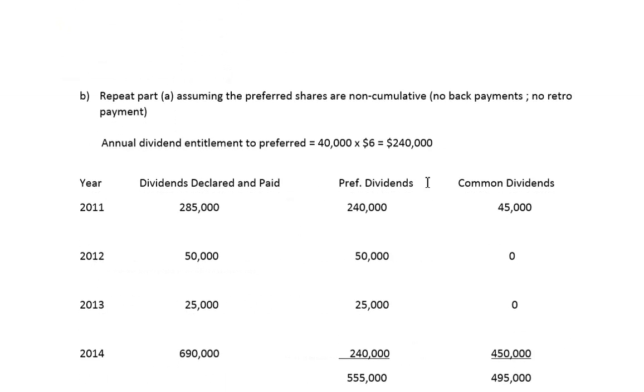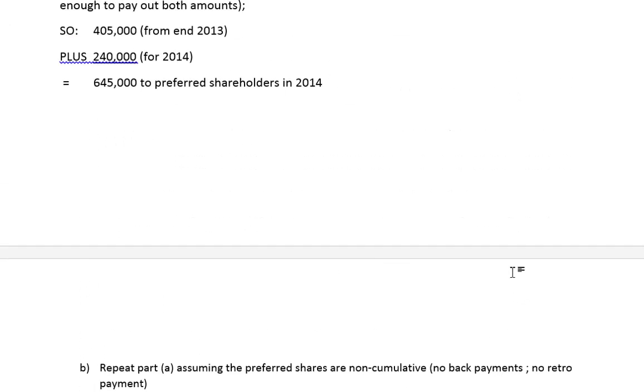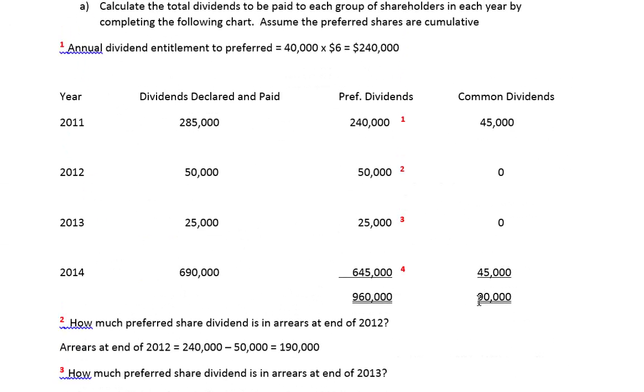You also see that when the preferred shares are non-cumulative, the common stand a chance of getting more. They, in our problem, got $495,000 over 4 years. When they were cumulative, they only got $90,000. So if you're a preferred shareholder, it's much nicer to have cumulative preferreds. But if you're a common shareholder, it's better if any preferred shares out there are non-cumulative.